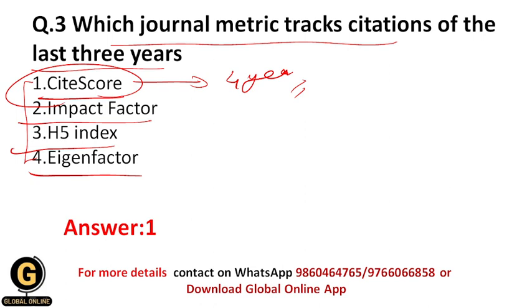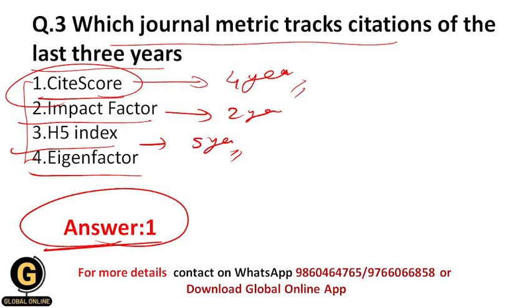That's why your correct answer over here is 1, because the impact factor is going to track the citations of the last 2 years, H5 index the citations of the last 5 years, and eigenfactor is the overall importance of a specific journal. This is nothing but the eigenfactor, right? And that's why your correct answer for this question should be 1.